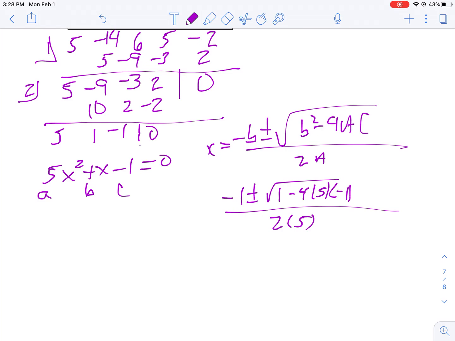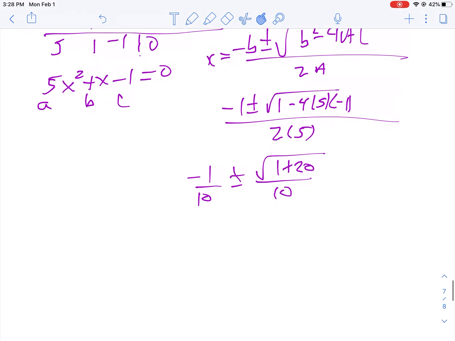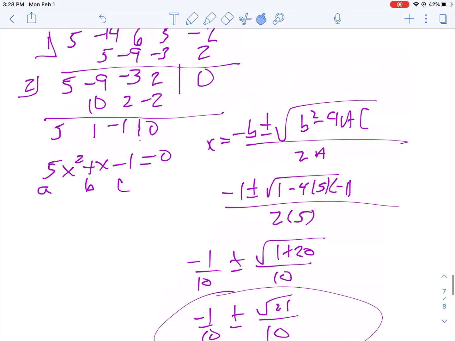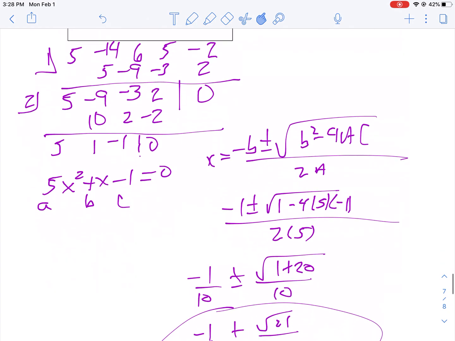I'll get -1 over 10 plus or minus, and then 5 times 4 is 20. So it'll be 1 plus 20 all over 10, which simplifies to negative 1/10 plus or minus the square root of 21 all over 10. The square root of 21 does not simplify, so there's your answer. Those are your two roots you should have gotten, not 2/5 and negative 3/5.